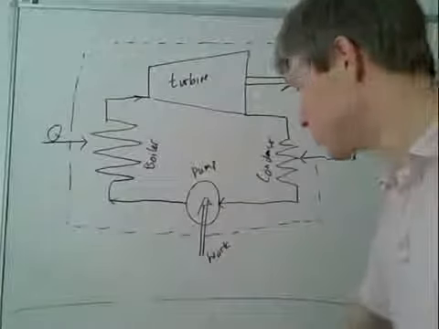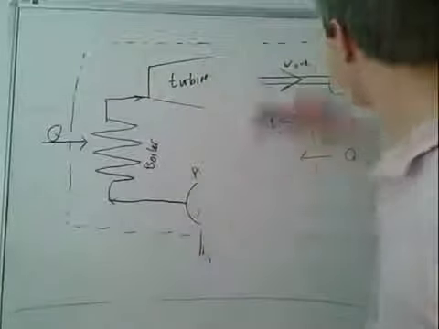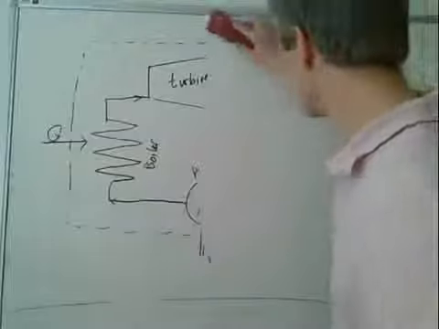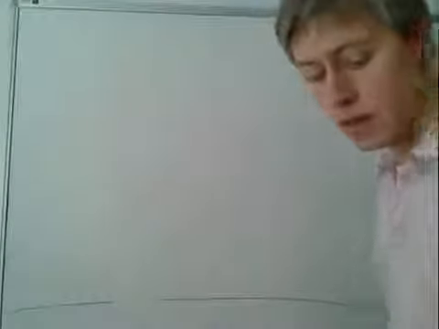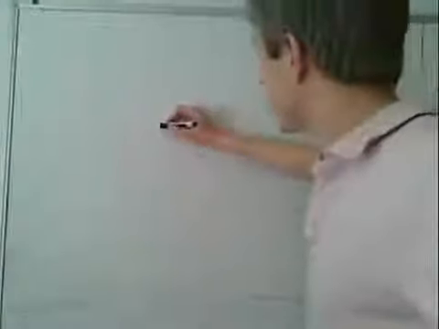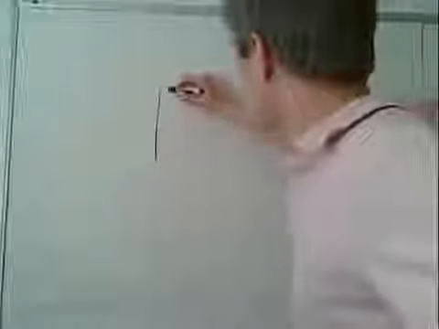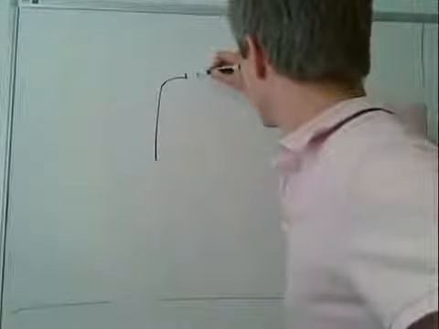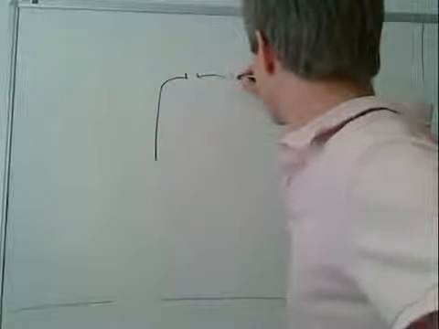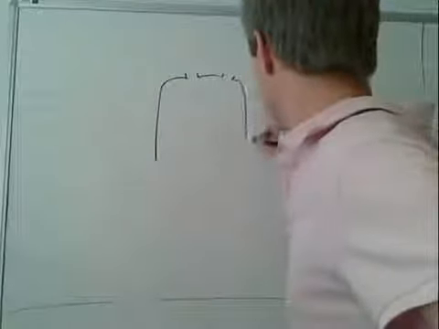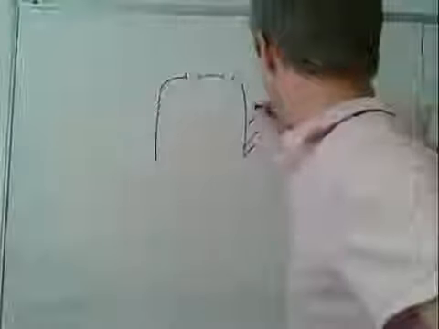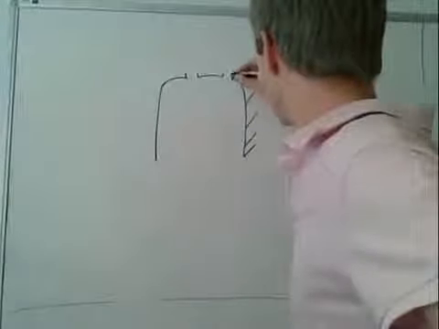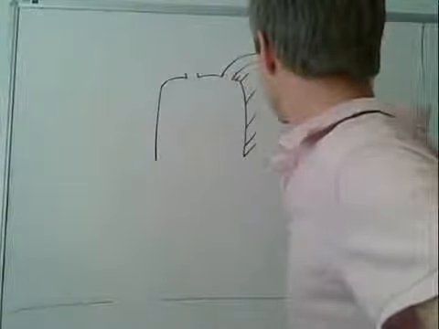Now the third example is a petrol engine. Again, pause the video and have a go on your own. But just to sketch what a piston engine looks like. So these are the valve ports, and this is the cylinder block. This is the exhaust.